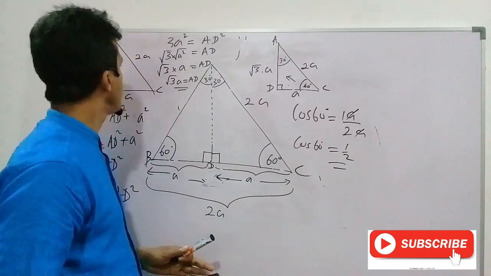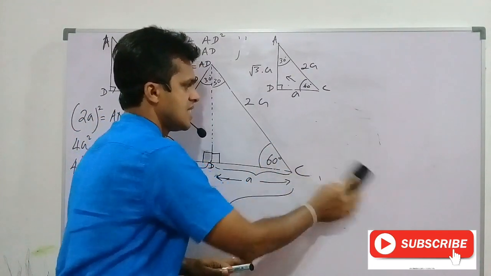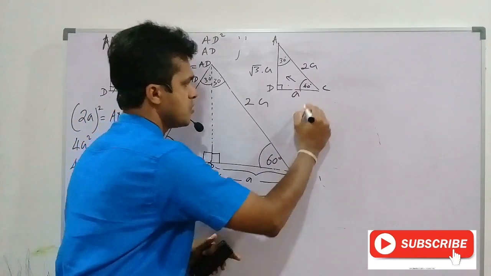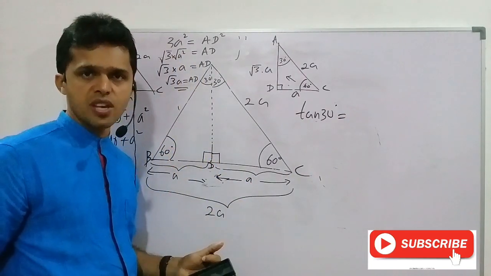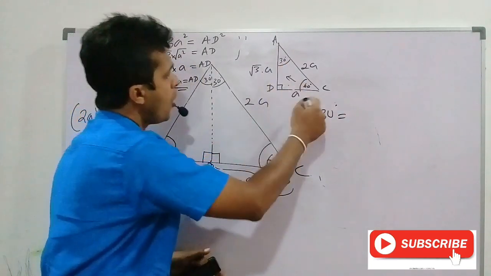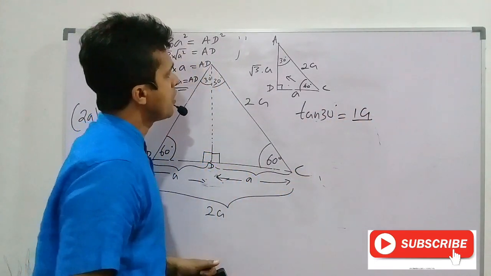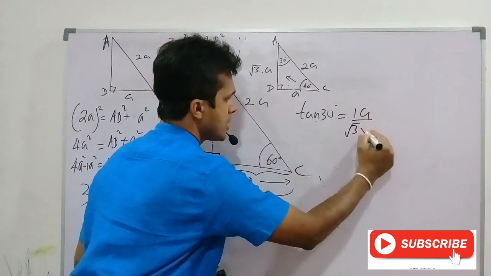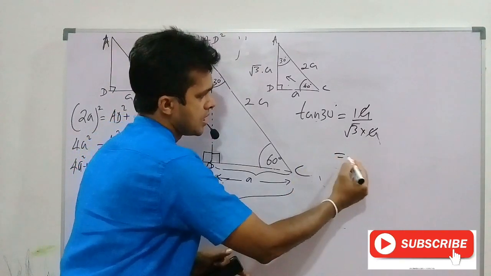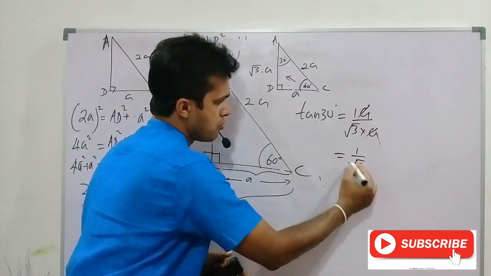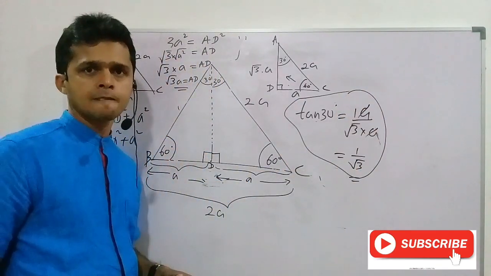Tan 30 equals OS over AS. OS is a, AS means root 3a. Now a and a can be simplified. So tan 30 equals 1 over root 3.